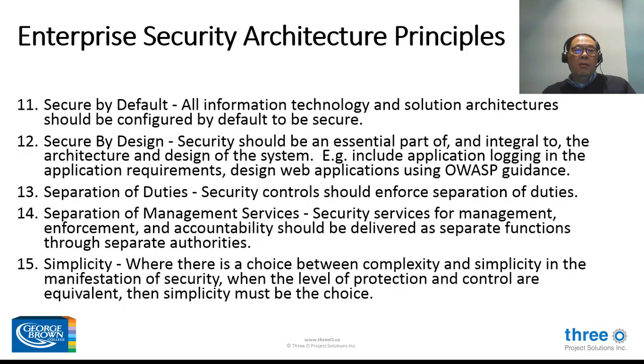Okay, so number 15 is kind of in response to the complexity and security, right? In obscurity, where there is a choice between complexity and simplicity in manifestation of security, when the level of protection and controls are the same, then simplicity must be the choice.